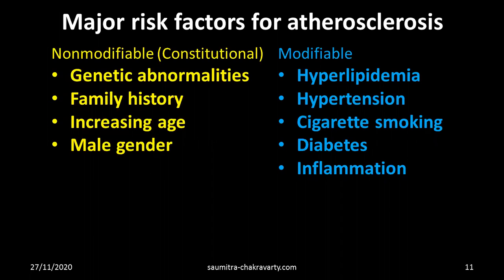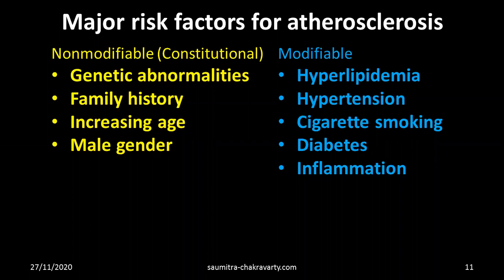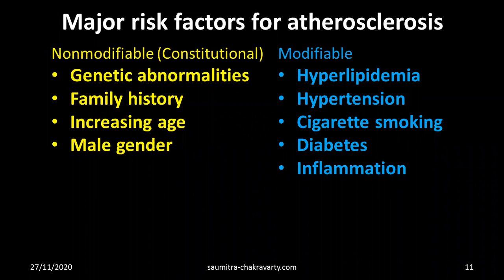But we do know that males are more susceptible to develop atherosclerosis than females. Every other thing being equal, the male will most likely develop atherosclerosis. The female will not, or if the female develops it, it will develop later. Is it related to hormones? Maybe.